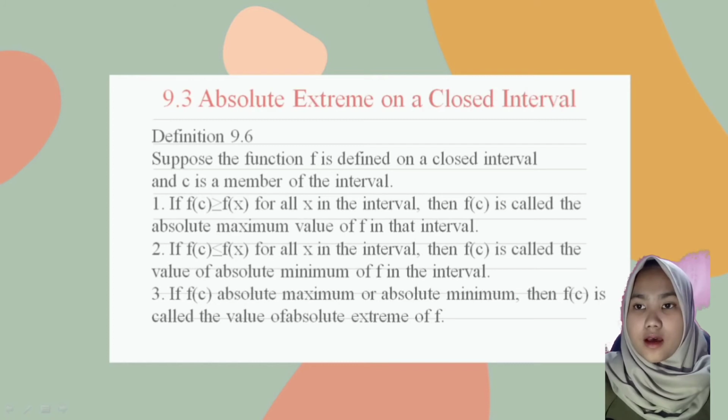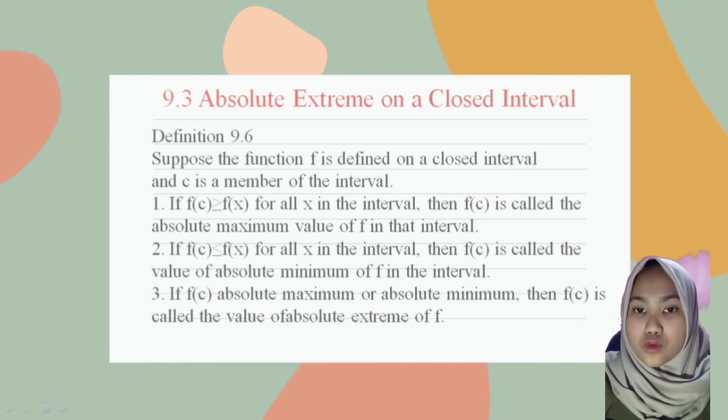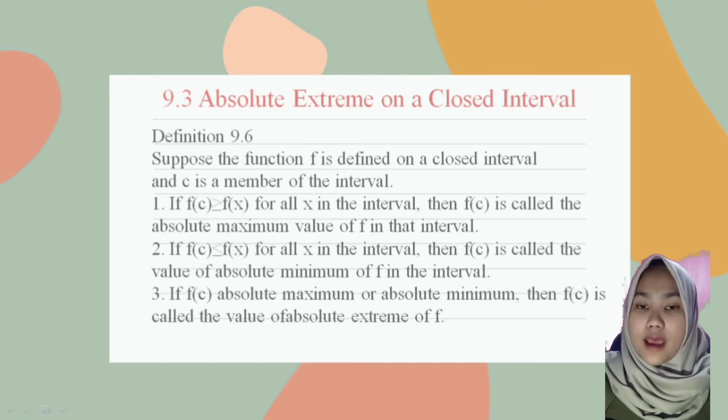If f(c) is bigger than or equal to f(x) for all x in the interval, then f(c) is called the absolute maximum value of f in the interval. 2. If f(c) is smaller than or equal to f(x) for all x in the interval, then f(c) is called the absolute minimum value of f in the interval. 3. If f(c) is an absolute maximum or absolute minimum, then f(c) is called the absolute extreme value of f.